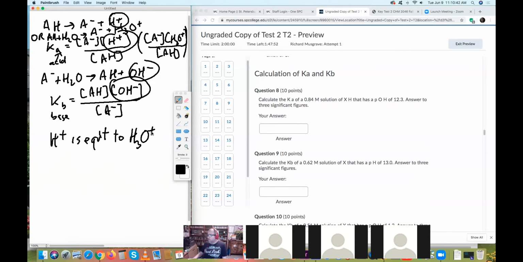So whether we use water or not, and you'll see throughout this whole section, I use them interchangeably. Sometimes I'll include the water with the acid, sometimes I won't. But with the base, I'll always include the water. And the reason for that is because it's the only way I'm going to get that OH-. I have to get that from the water. So that's a bit of an annoying thing, but that's how we do it.